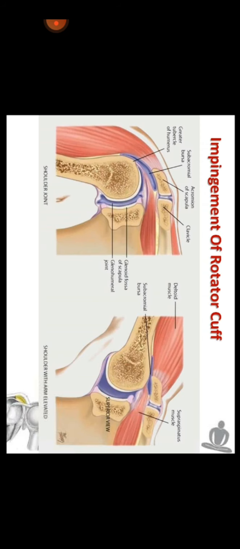In that case, initiation of glenohumeral activity is absolutely absent. So that is a very important sign of complete tear of rotator cuff: complete absence of initiation of glenohumeral activity.